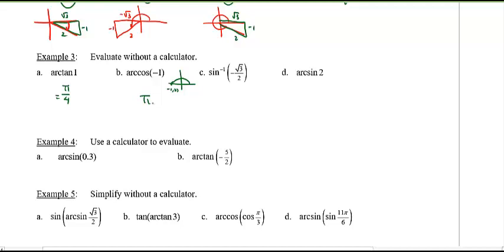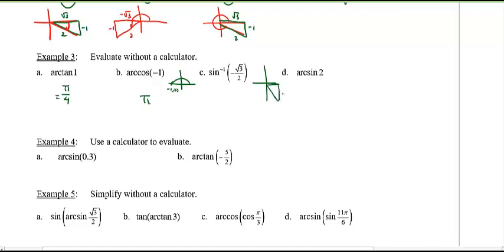Inverse sine of negative root 3 over 2. Negative root 3 over 2. Inverse sine. Any idea here? So once again, I gave you the ratio, negative root 3 over 2. It's going to be in quadrant 4.